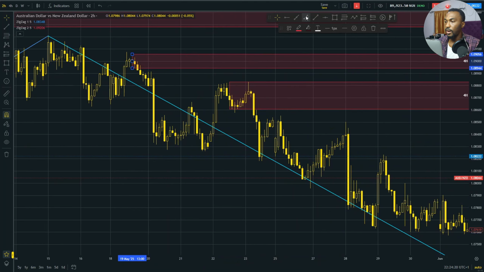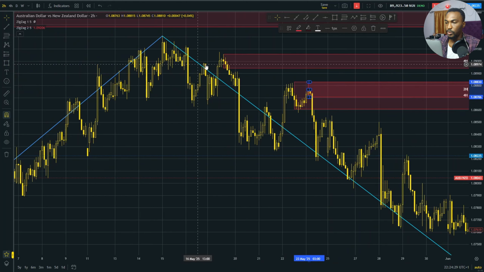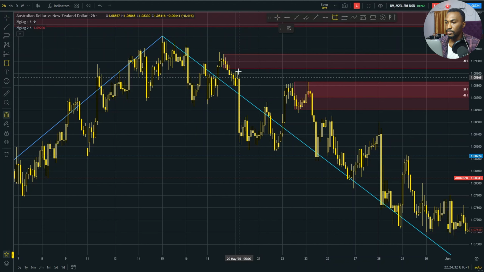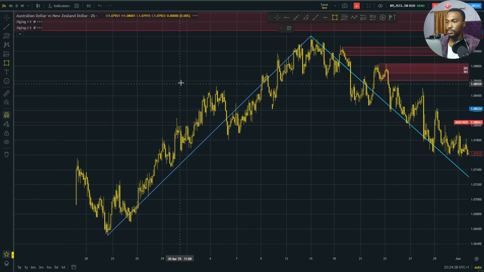I'm looking for price doing whatever it can do from here. So these are my real confluence zone, small brother theory. I have a clear move right here, so this is a good zone.